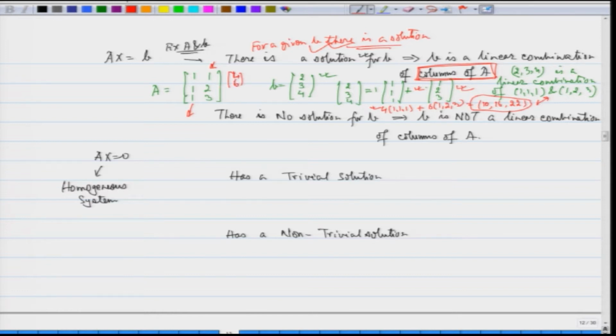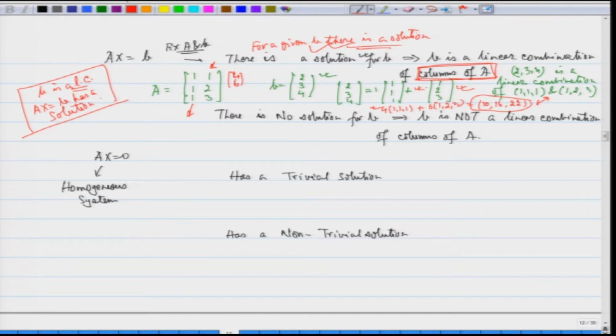So, when I say that B is a linear combination, it means that I am able to solve. In short, LC, linear combination, means that the system Ax = B has a solution.